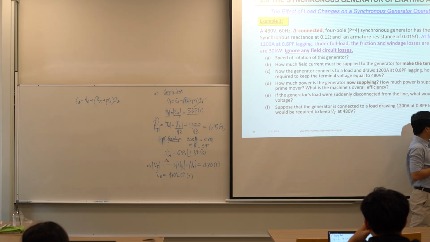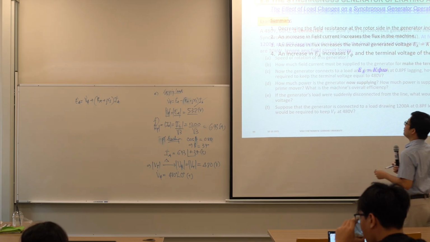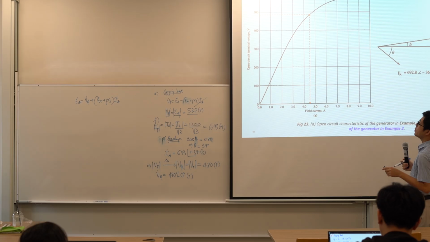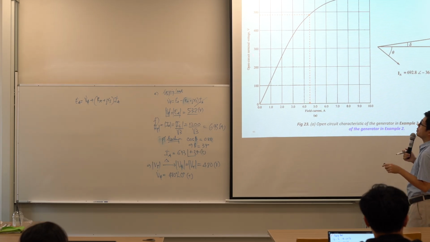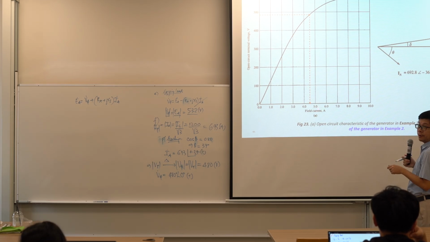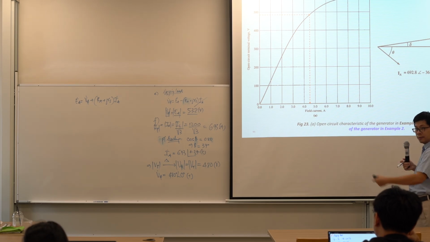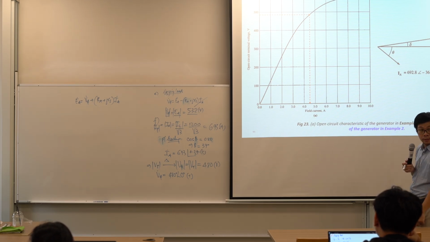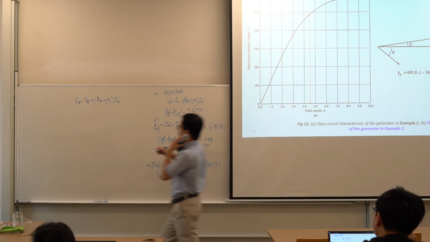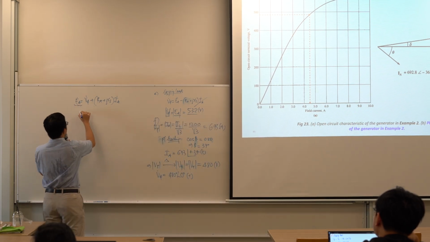If we would like to determine field current, we need the open circuit terminal voltage, which means EA. But remember, this is line voltage and this is phase voltage. So when we calculate EA, you need to determine the open circuit line voltage.